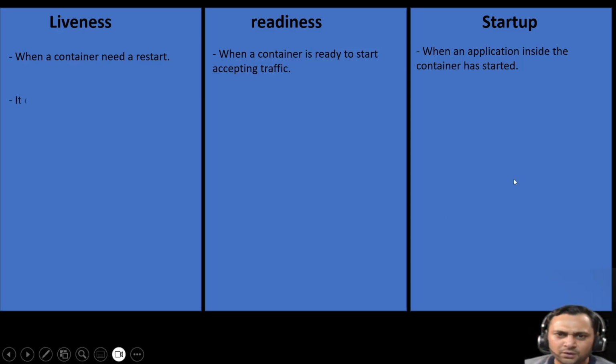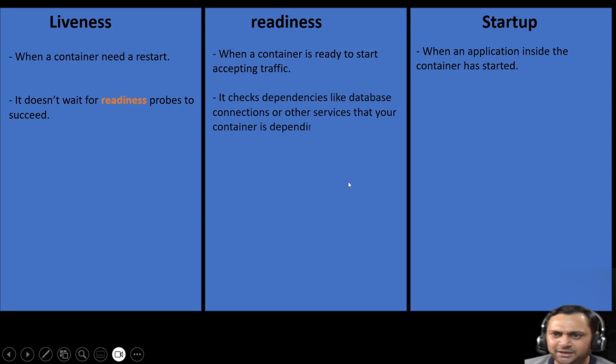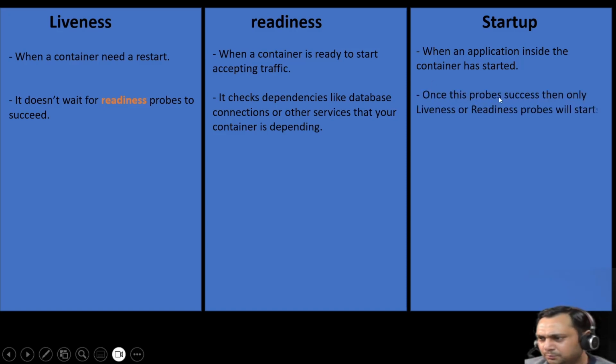Right? It does not wait for the readiness probe to succeed for liveness. And for readiness, it checks dependencies like database connection and other services that your container depends on. Once this probe succeeds, only then will the liveness or readiness probe be started.